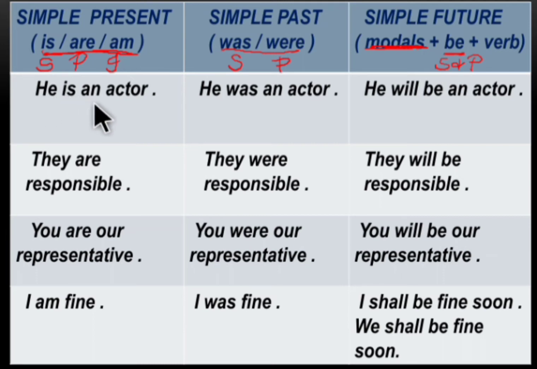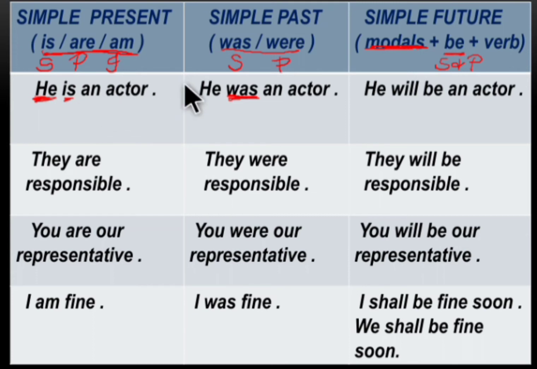He is an actor. Here he is the singular subject and so we use is, an actor. In the past tense, he was an actor. So this changes to was. Remember, the be form of verbs in the simple tenses, that is simple present, simple past and simple future, though they are auxiliary verbs, here they are used as main verbs.